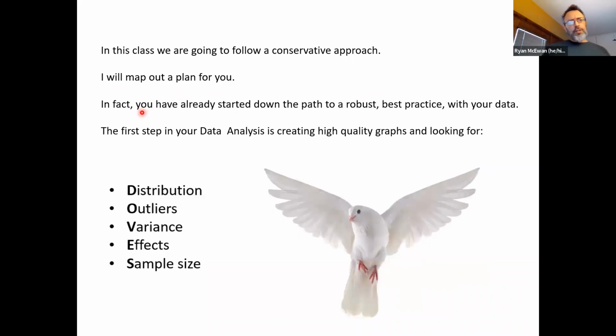I'll map out a plan for you. We've already started down the path. And this is what I've been trying to emphasize, and will emphasize the whole class: best practices with your data. Effects are only one part of this. With effects, we're just asking, okay, is one median or one mean above the other? In the box plot, is one box over the top, and then how different are they?